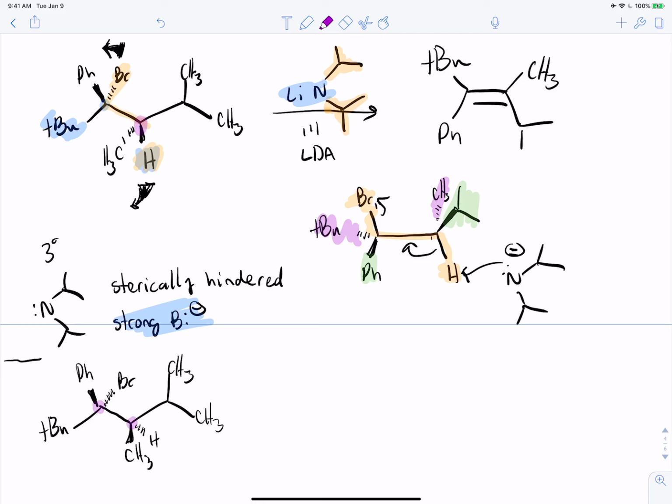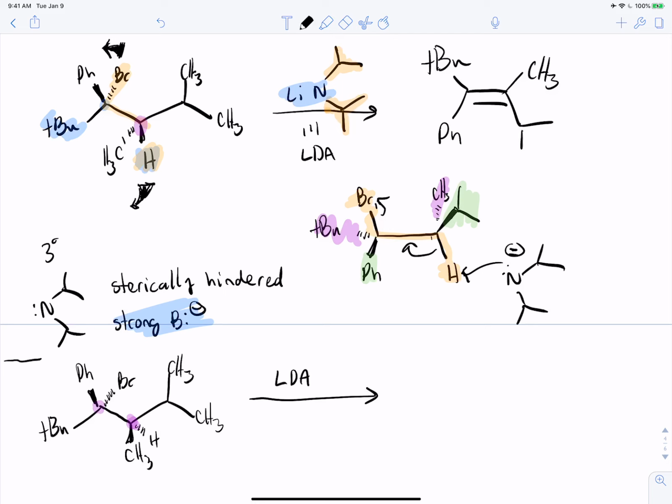So if you look at this one and you look at this one, you'll notice that the substituents have switched. Everything else is the same though. But because this reaction is stereospecific, which means that the stereochemistry of the product depends on the stereochemistry of the substrate, now we've changed the stereochemical outcome here. The question is, how will it change?